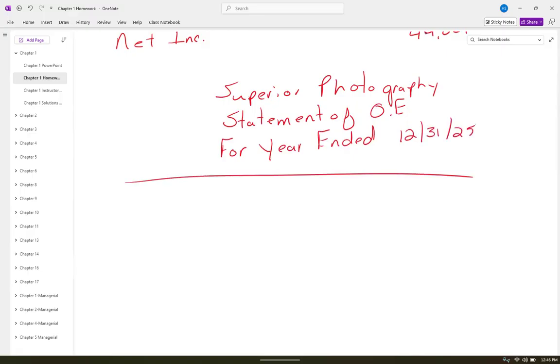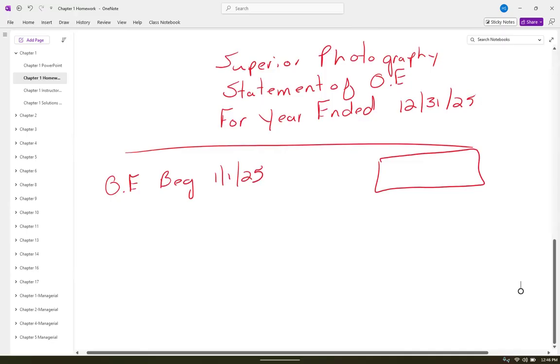Okay. So the first thing we want on here is the owner's equity beginning balance. They didn't give that to us, which is okay. We're going to back into it, but that would be January 1, 25's balance. I like to draw a little box for numbers we're looking for. It makes it a little easier to find them because you see that box right there.